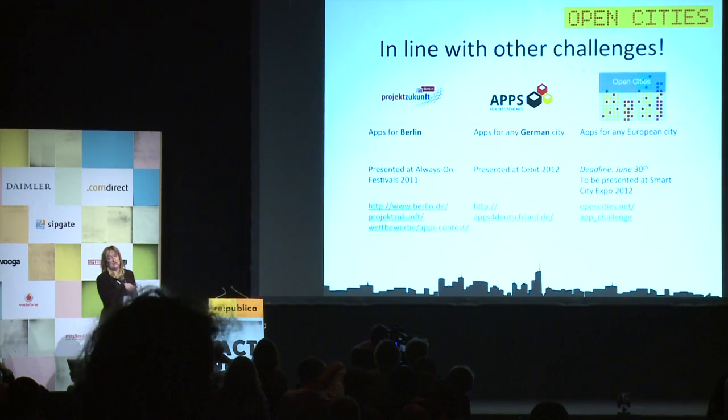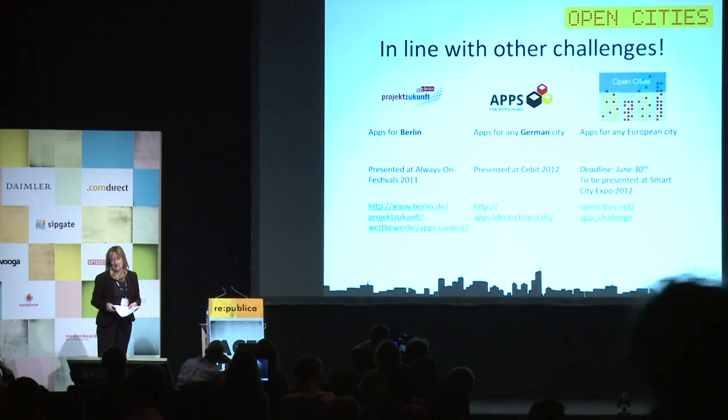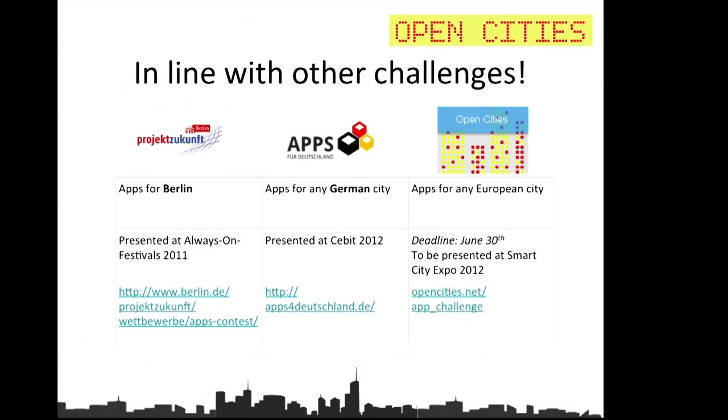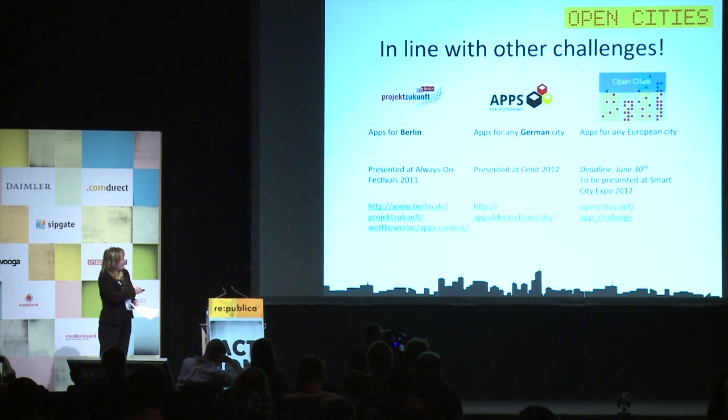Then only in March this year, we completed the Apps for Germany competition and challenge, where the winners were presented at CeBIT. And soon we hope to announce the winner at the Smart City Expo in November.